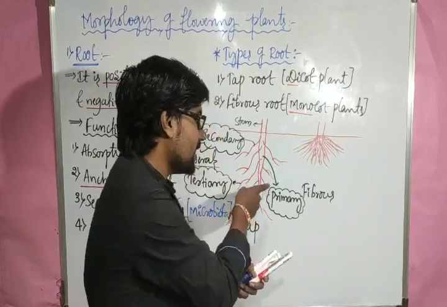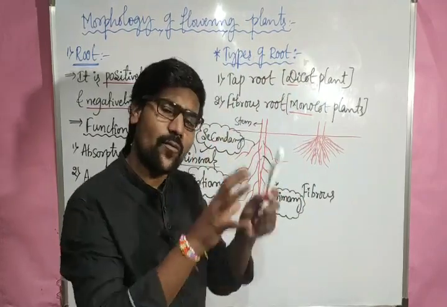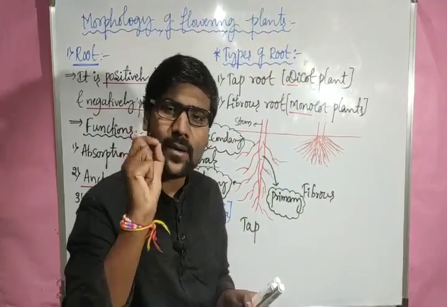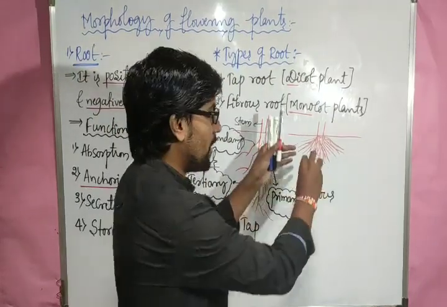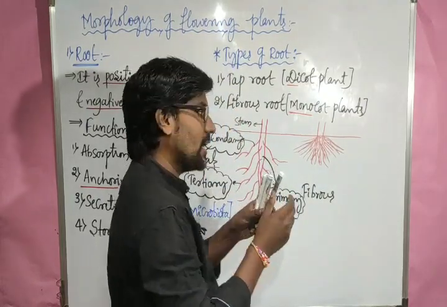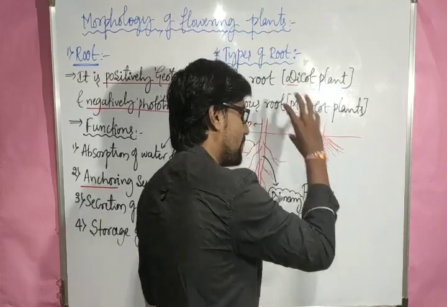And thing is, here primary root is there, but it is short lived. ಸ್ವಲ್ಪ ದಿನ ಮಾತ್ರ ಇರೋದಂತ root. After primary root, many roots arise from the base of the stem, and all of these roots are considered to be the fibrous root.